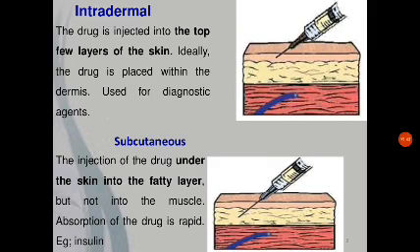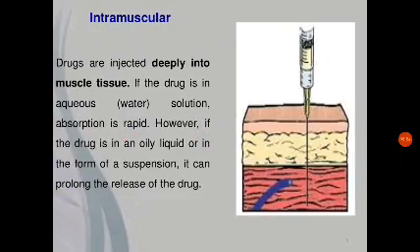Especially this route is applied for some diagnostic agents. Then subcutaneous refers to the injection of drug into two or more layers of the skin, and hence the absorption is rapid. The commonest drug for this route of administration is insulin.